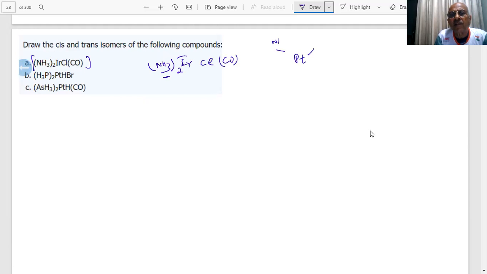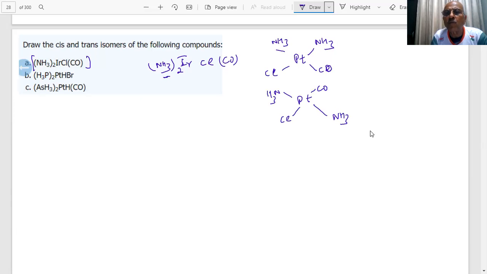If I put the same ligands adjacent to each other, then what is left? Cl and CO. And if I put these two NH3 ligands opposite to each other, then what you are left with is Cl and CO. So there are two forms. This will be our cis and this will be my trans. Clear, students?